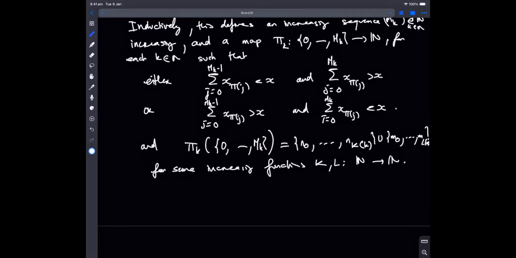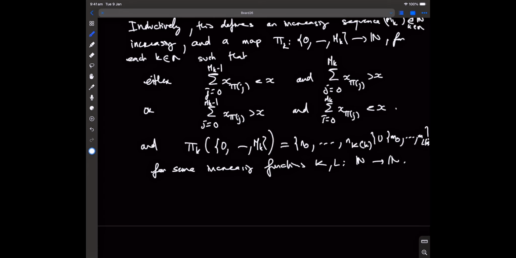You keep on selecting either some n_j's or some m_j's to be the next elements pi of j, and you keep selecting n_j's if you need to get above x because you're below it, or you keep selecting m_j's if you need to get below x because you are above it.